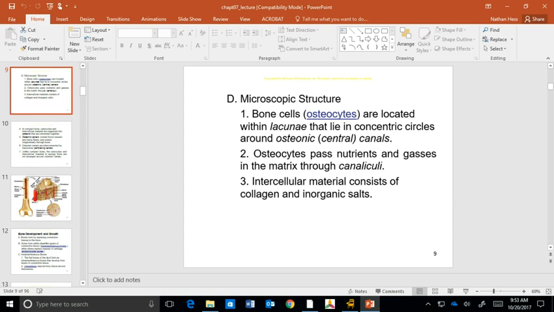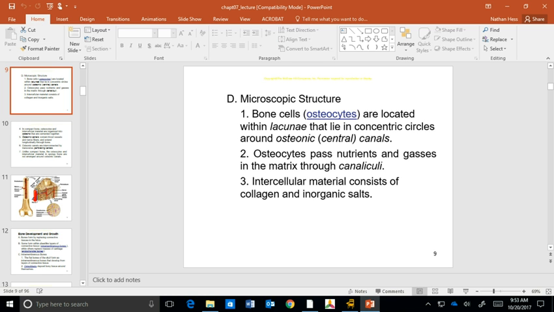The compact bone has little osteocytes. Those are the actual bone cells. And those osteocytes are in small little bony chambers. What do we call those little chambers? The lacunae. Yep, they're like little moon areas. That's what lacuna is, like a moon.